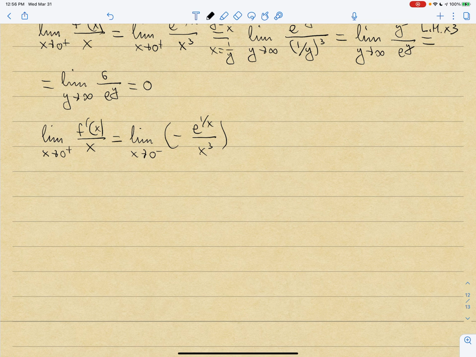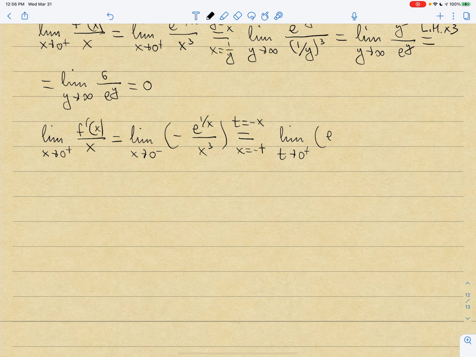And then I'm simply going to relate it again to the limit from the right by writing t is equal to minus x. So then x is minus t. And this is a limit as t goes to 0 plus, right? Because if we're using t, we reflect it with respect to the origin.